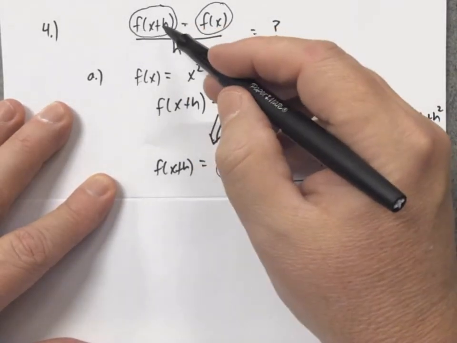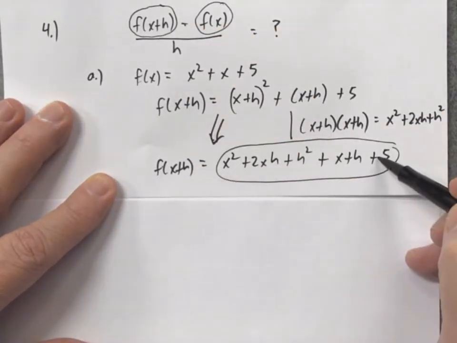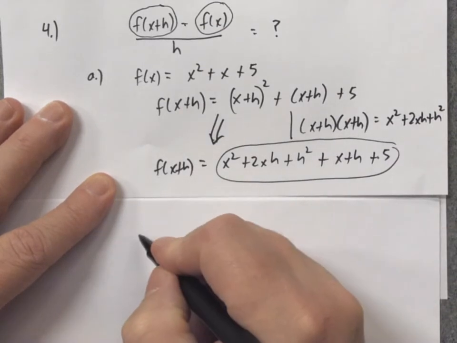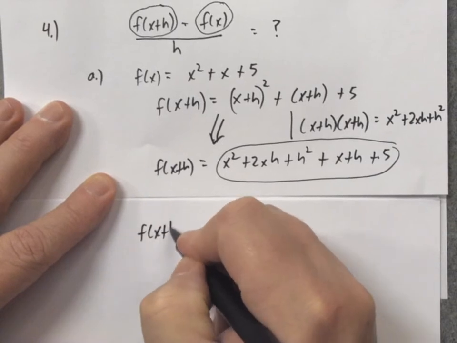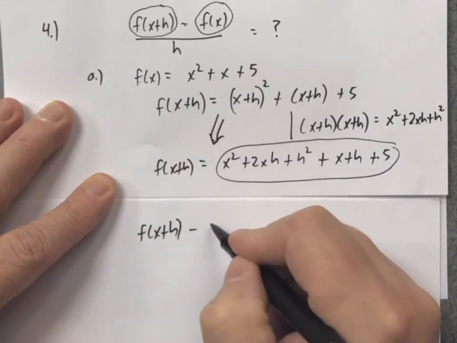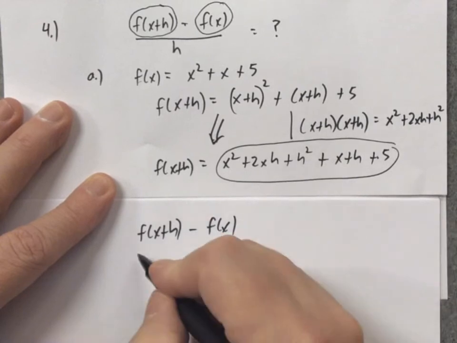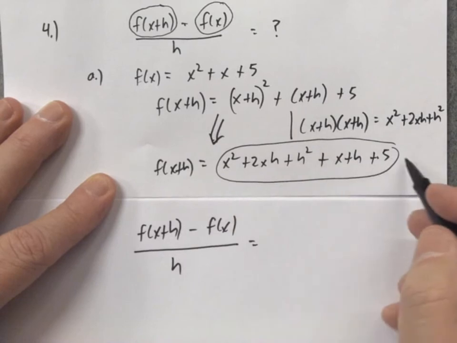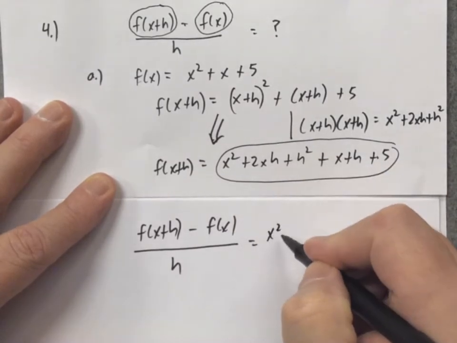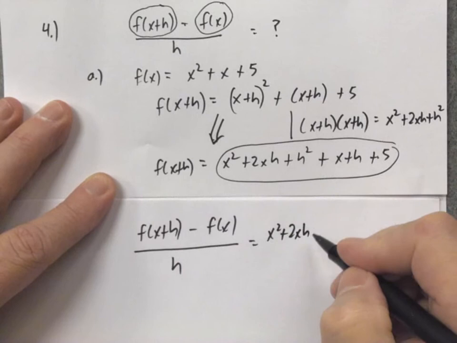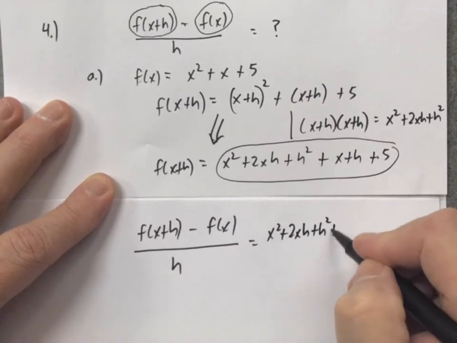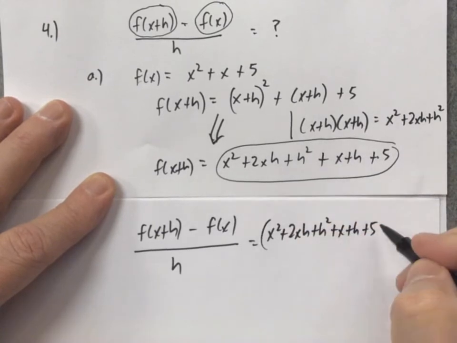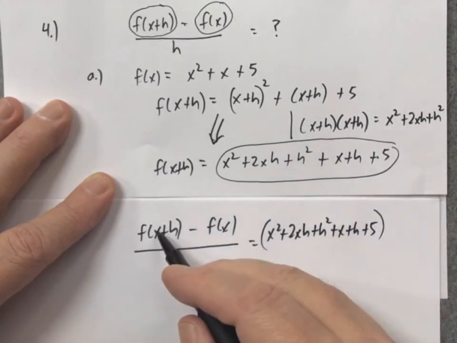This is my f of x plus h. So I'm going to write down all of this. Well, let me just make it clear, because this can get sort of messy. So f of x plus h is this big thing right here.